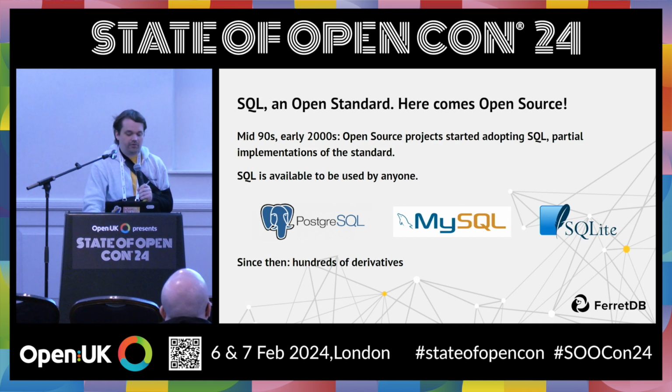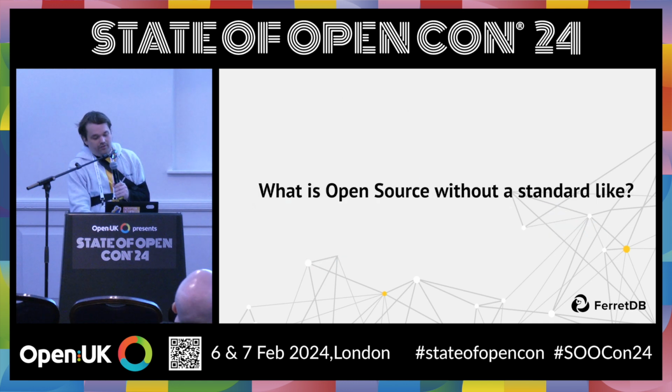And then they implemented it based on the open standard, and that's when SQL became available to anyone. And that was the motion which enabled all of us to just leverage SQL like we do today. And since then, hundreds of derivatives appeared, and what is most common between them is at least a baseline standardized query language.